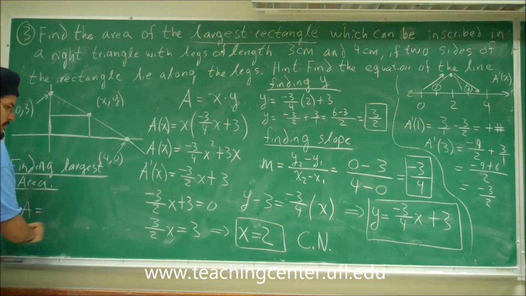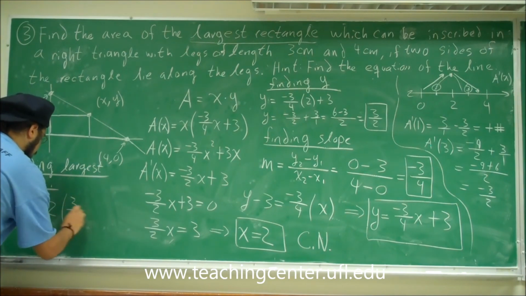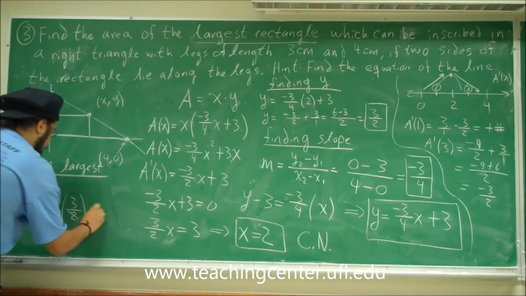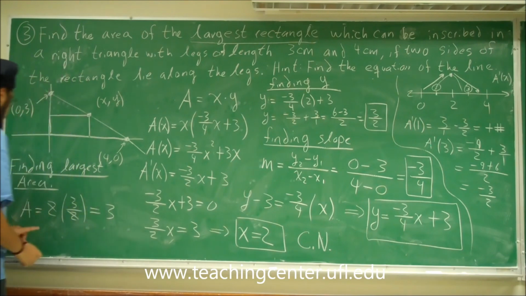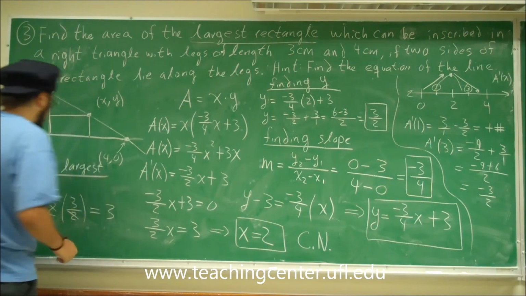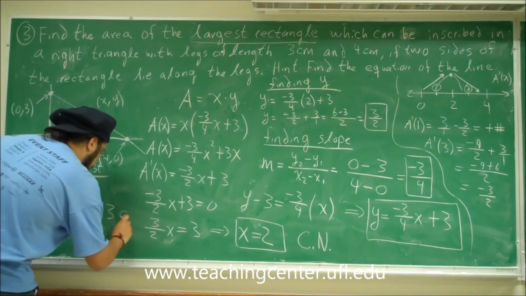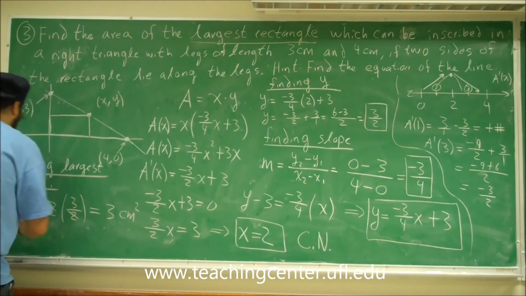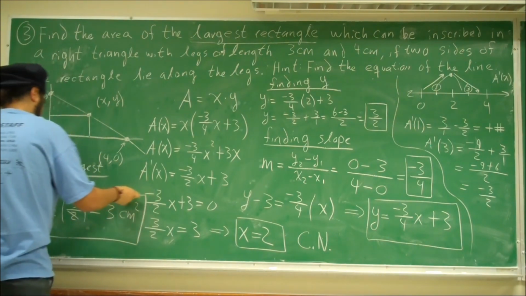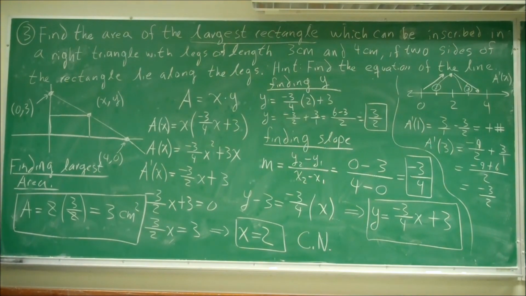Area is equal to 2 times 3 halves. The 2's cancel out, so we're left with 3. Area is going to be 3, and the units are centimeters squared. So the largest area then is 3 centimeters squared.